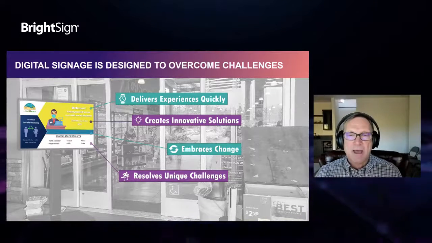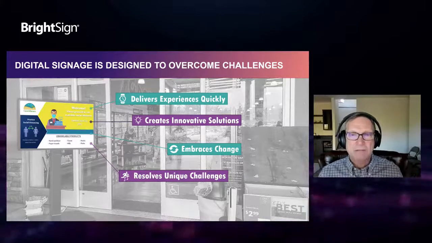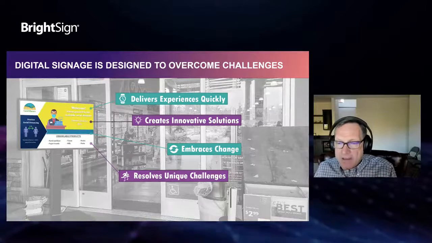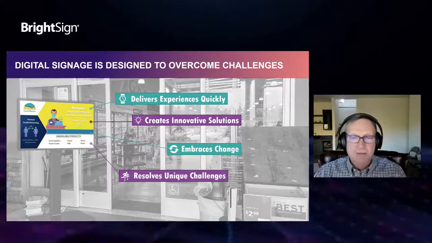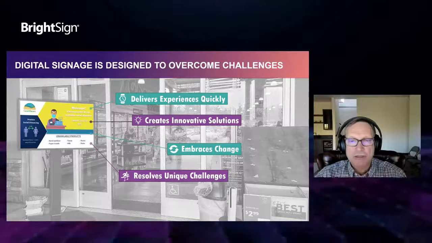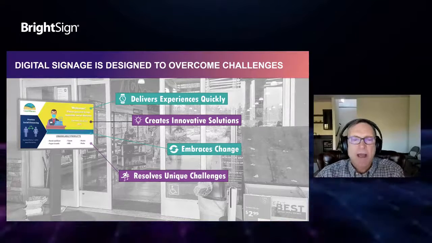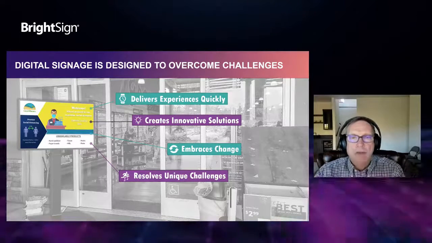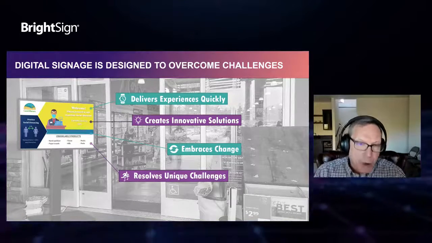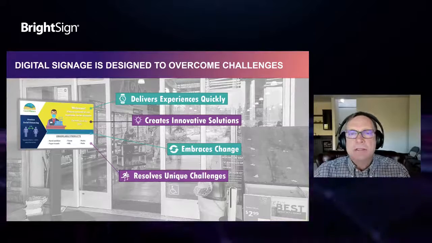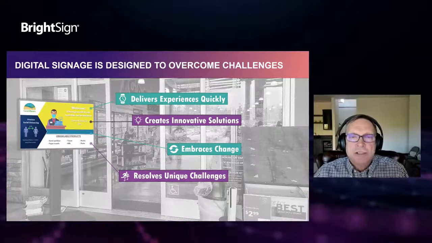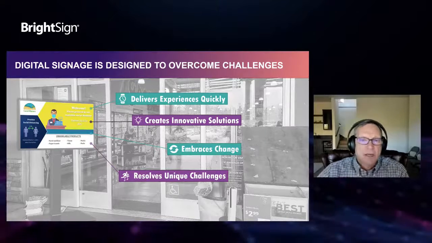And the best way to think about that is having a system that doesn't just meet the needs of today, but will also meet some unexpected things and growth, because literally the thing that we see with every digital signage system is it originally goes in with a simple mission, and over time, people always want to add and really grow both the purpose of the system and also the audiences that will be served by that system. So growth is just a natural progression of a digital signage network.